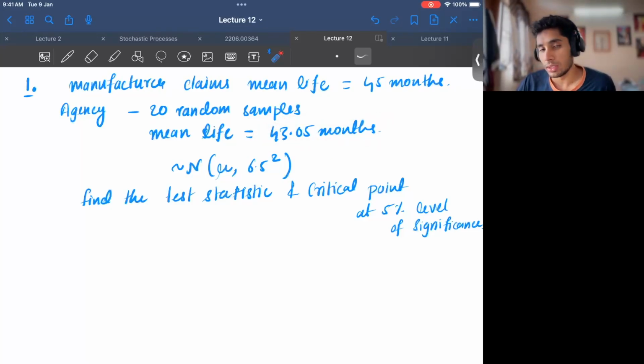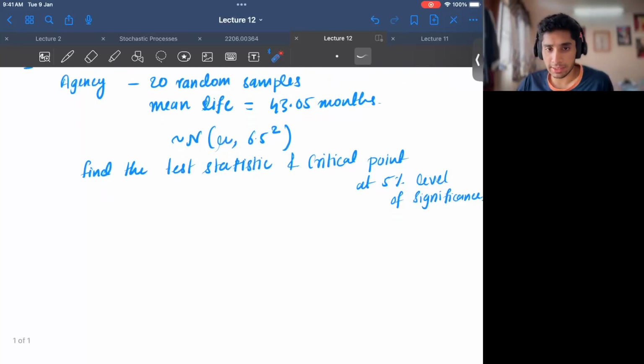Okay, and they also find that the total life of these batteries follows a normal distribution with some unknown mean mu and a standard deviation of 6.5. The question that is asked is what is the test statistic and what is the critical point at 5% level of significance.